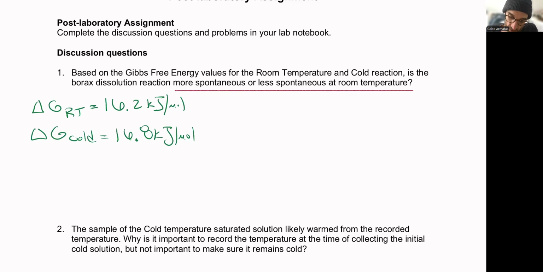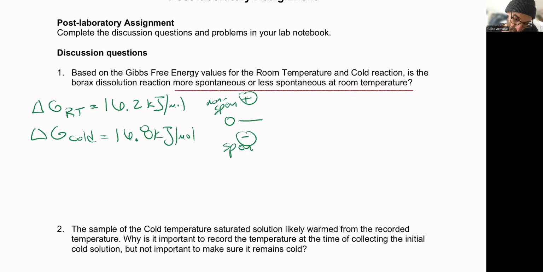So what we need to understand is where are we on this scale? So if this is the delta G scale, 0 is equilibrium. A negative value would be spontaneous, and a positive value is going to be non-spontaneous. What that ultimately means is the closer we are to a negative value, the more spontaneous it is.